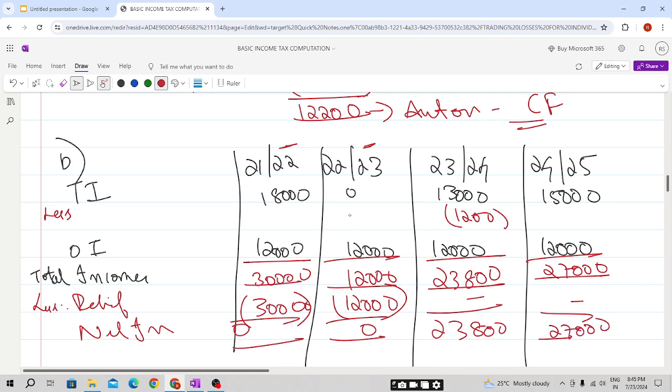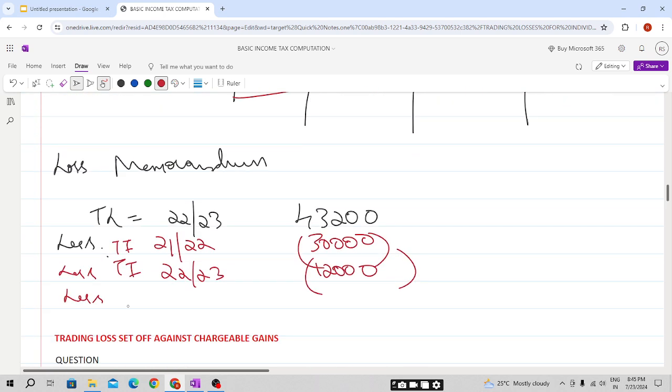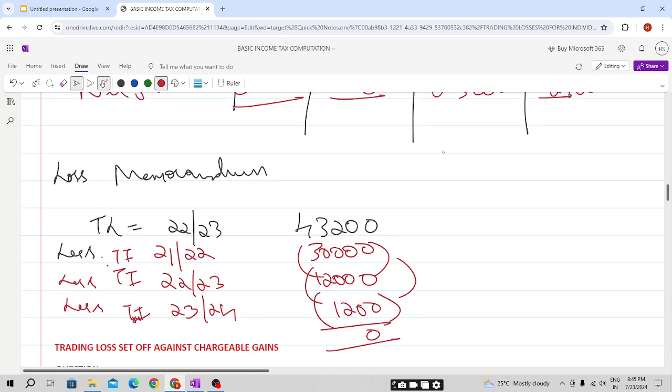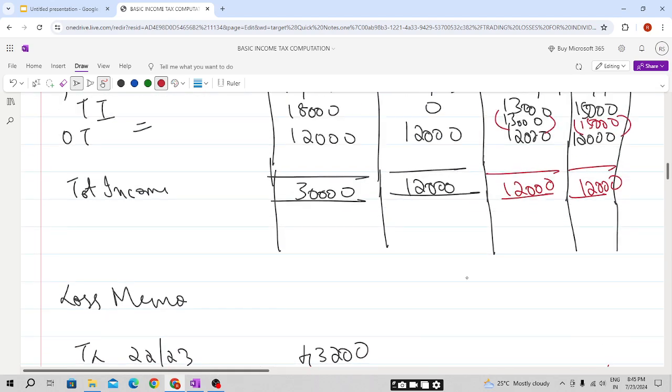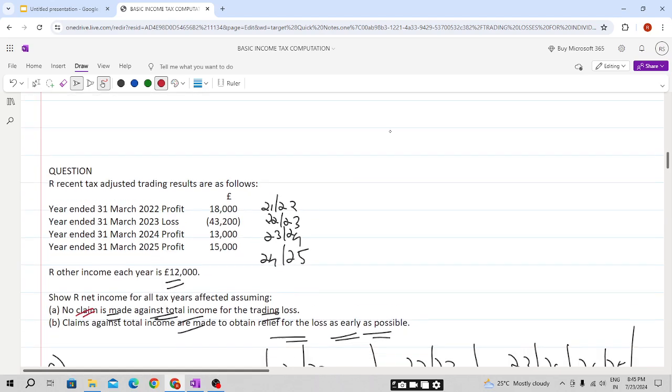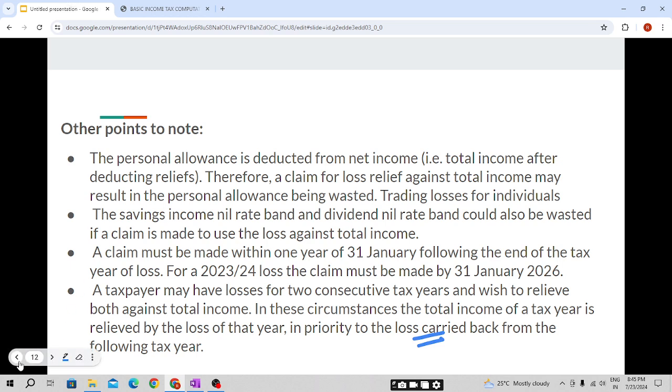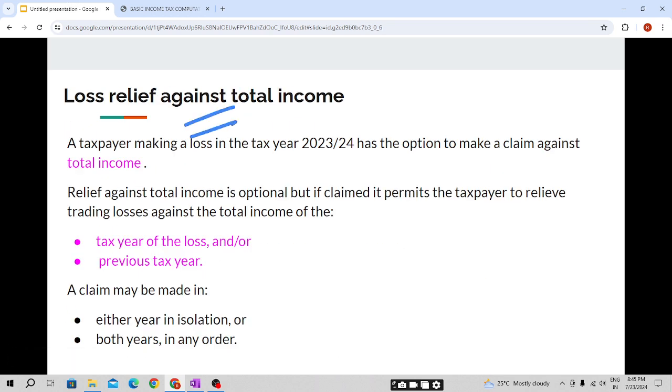So now, students, this is trading income of 23-24 because it is carry forward, 1,200. So the whole loss has been utilized. I hope this question has given a good understanding of loss relief claim against the total income.